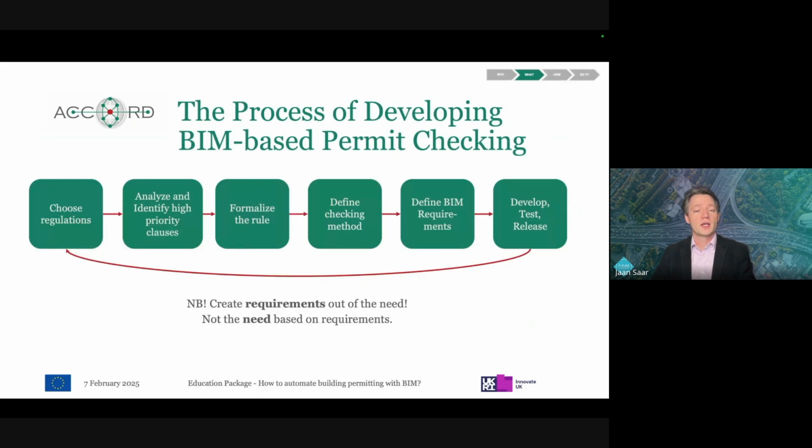So what to check? The process of developing BIM-based permit checking is not that difficult, actually. You choose a regulation, you analyze and identify high priority clauses, you formalize the rule, you define the checking method, you define the BIM requirements, and then it's develop, test, and release. And you start over again. The more agile, the better.